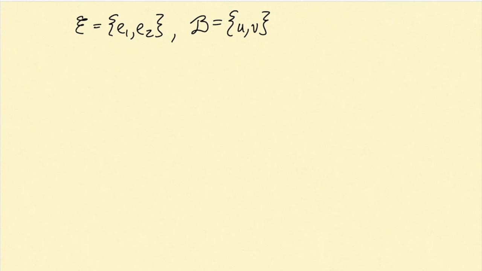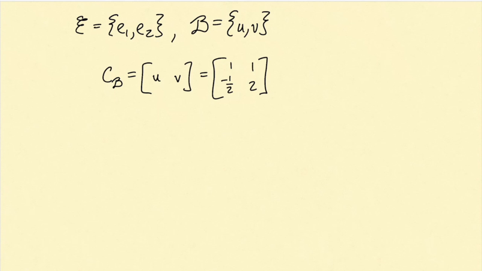If we want to convert from coordinates in our new basis to our standard coordinate system, we use the matrix, which we're going to call C subscripted with B, whose columns are u and v. Then, to convert in the other direction, from the standard basis to our new basis, we use the inverse of this matrix.